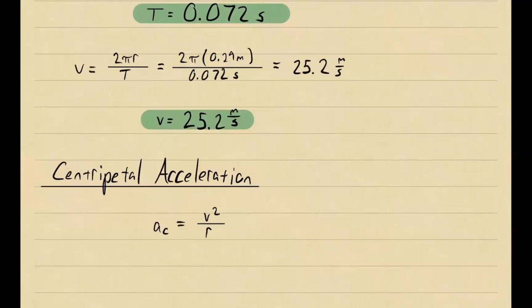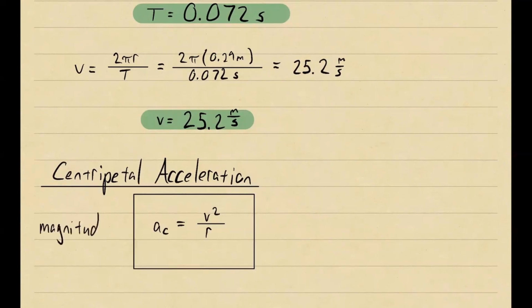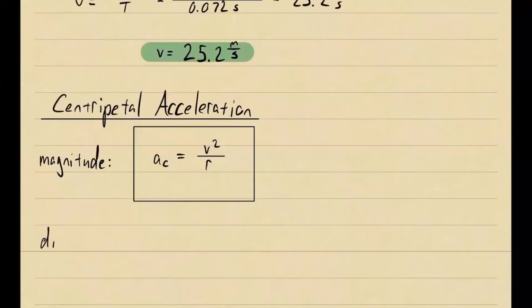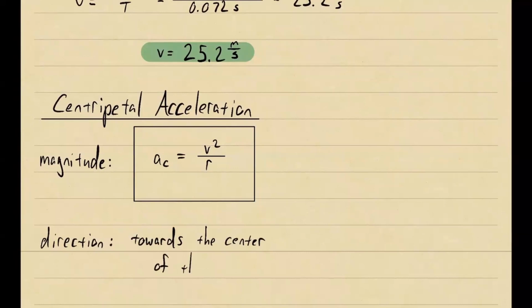So this bit here is the magnitude of our centripetal acceleration, and its direction is towards the center of the circle.